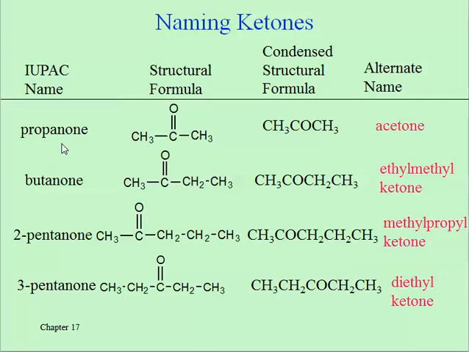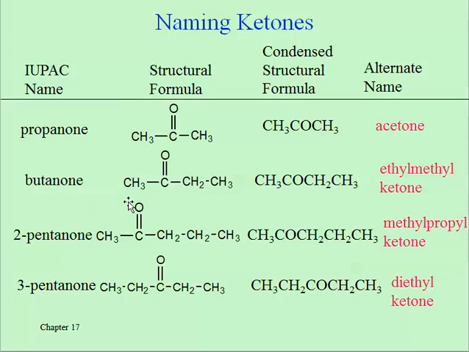Propanone is the official name. ONE is the official suffix, so their IUPAC names all reflect that. We're still counting carbons and otherwise using much of what we've been using for naming compounds. Acetone is certainly by far a more common way to refer to propanone, so that's an alternate name worth knowing.